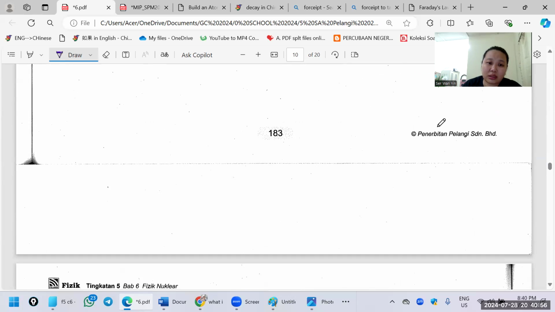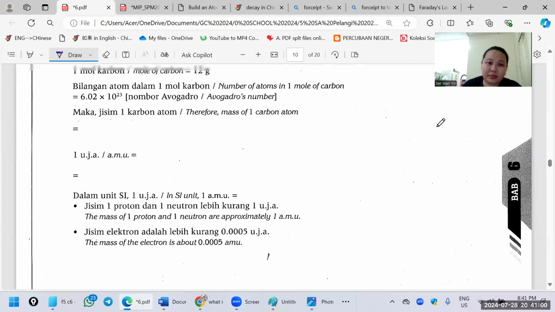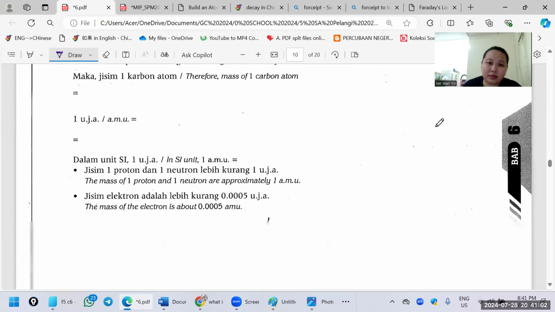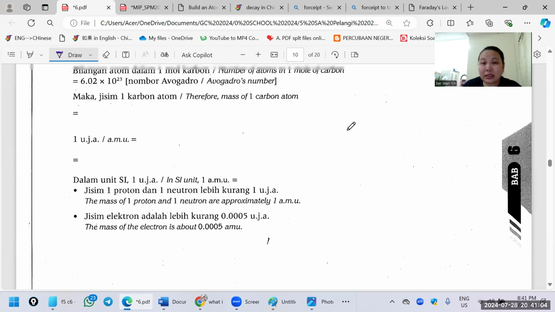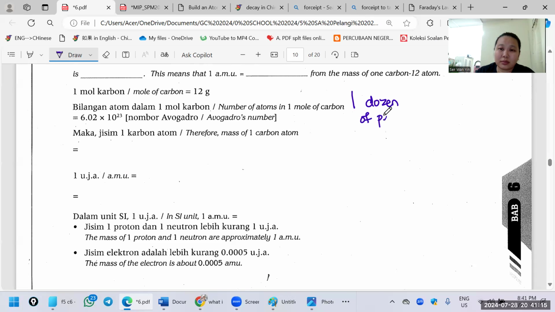Okay, so this one is a little bit long, so I make it easy. Actually, it's the same as your mole. Like 1 dozen of pens equals 12 pens.